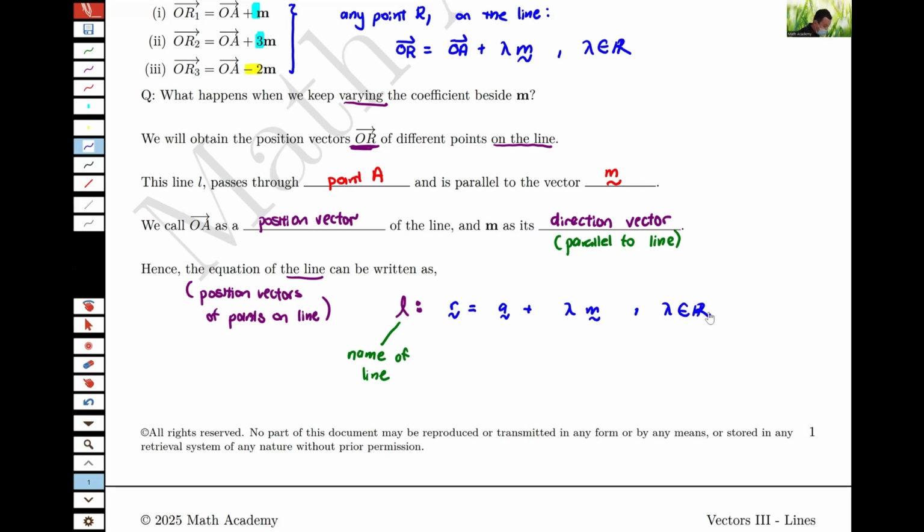This is how the equation of a line looks, but let me label further. Whenever we say R, it's like what we have seen above: the position vector of any point.